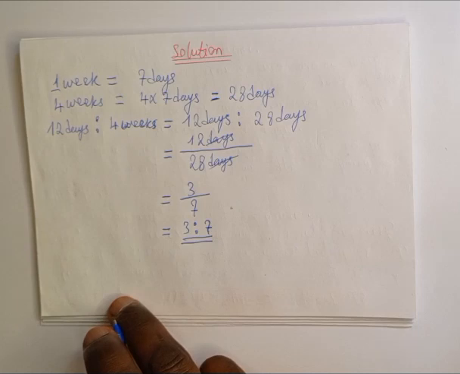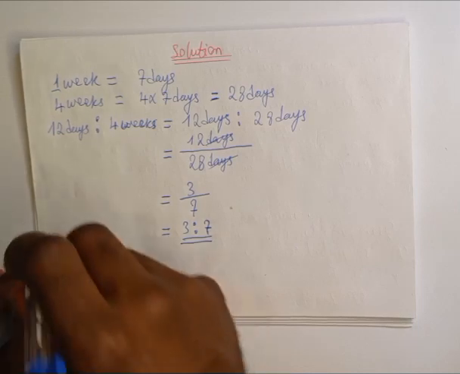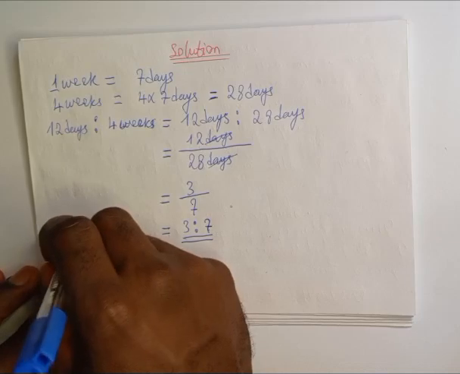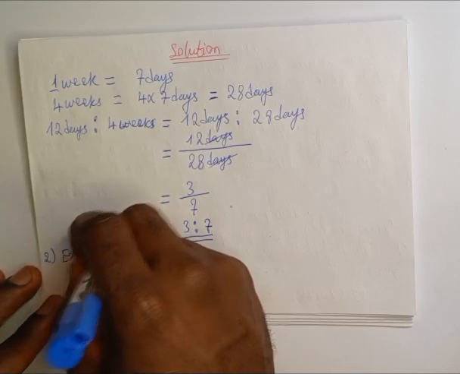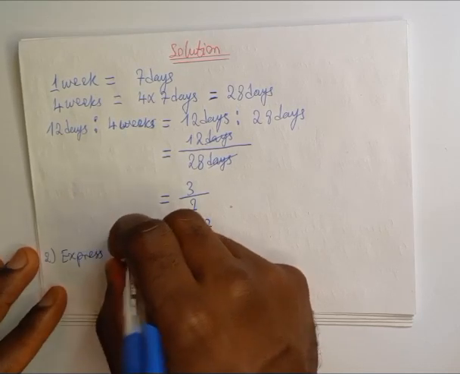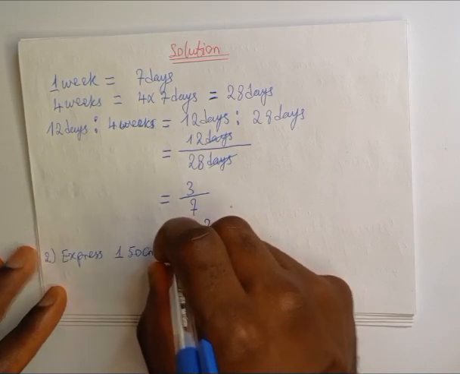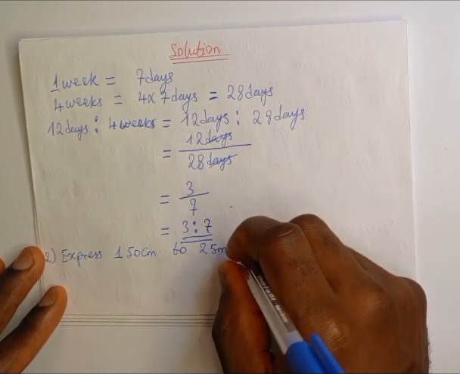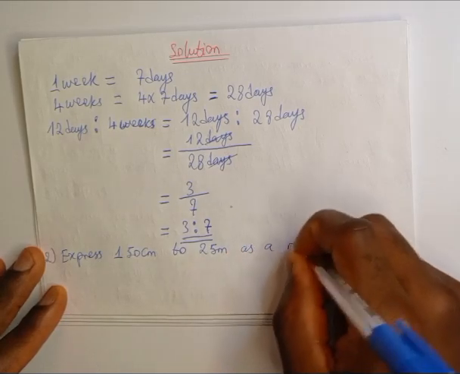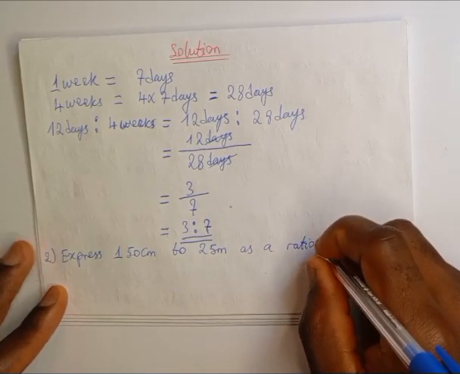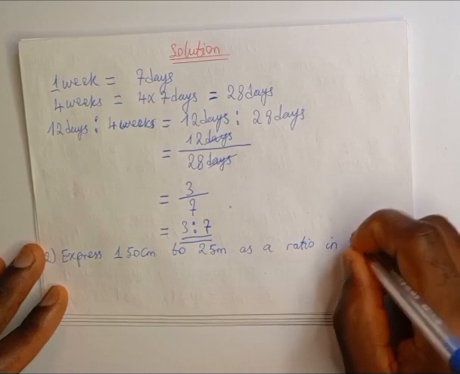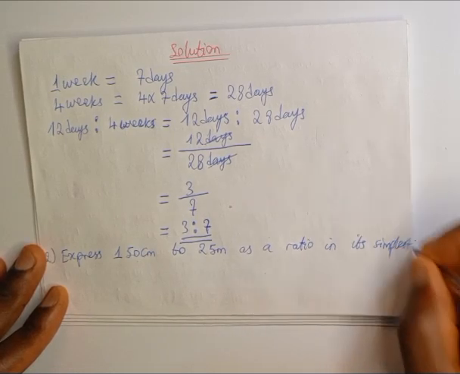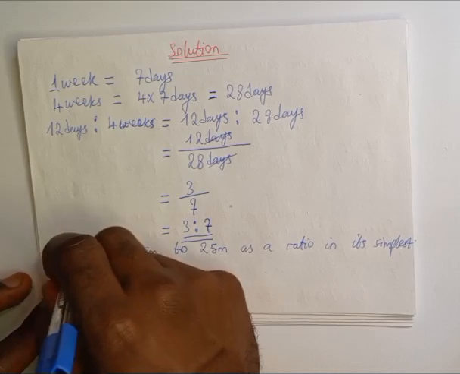We go now to the next example, example 2. Example 2 says express 150 centimeters to 25 meters as a ratio in its simplest form.